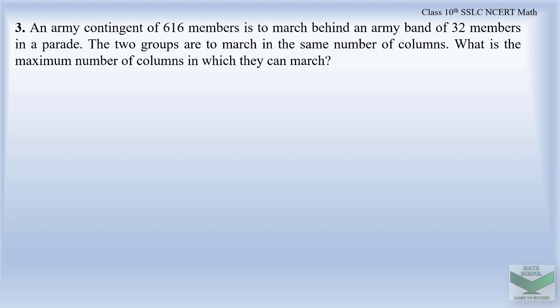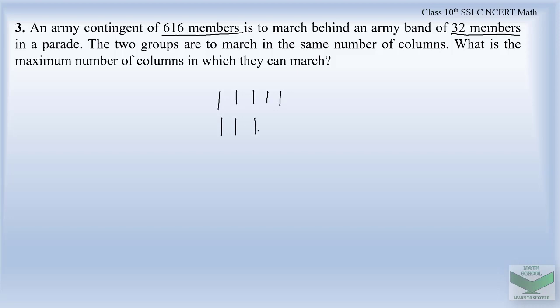So first of all, let us understand the question. Here they say a 616 member army contingent and a 32 member army band have to march in two groups, one behind the other.